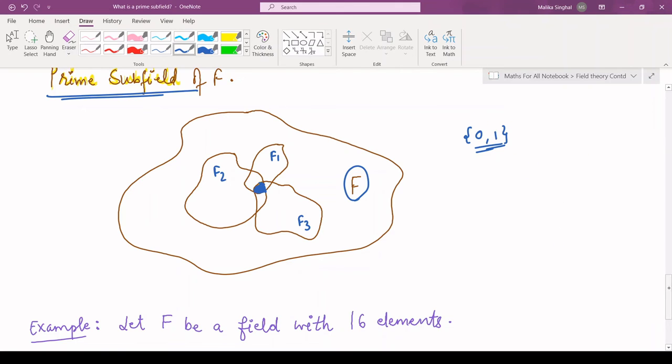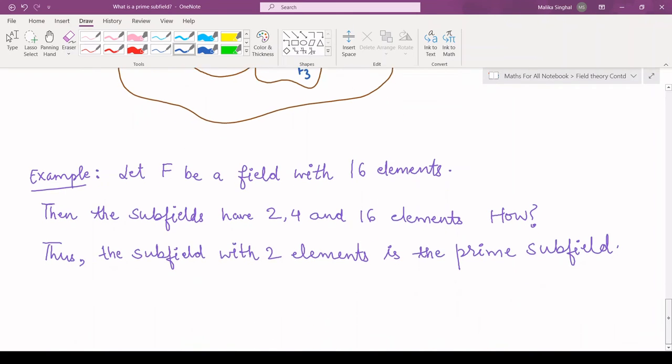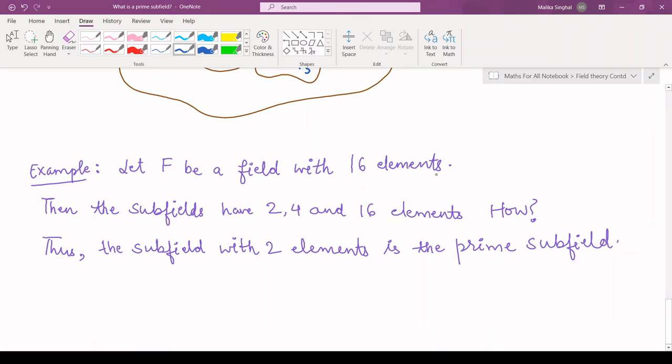So let us look at one example. We have a field F. It has 16 elements, say, right? So its subfields could have two elements, four elements, or 16 elements. How do we calculate that its subfields contain only two, four, or 16 elements?